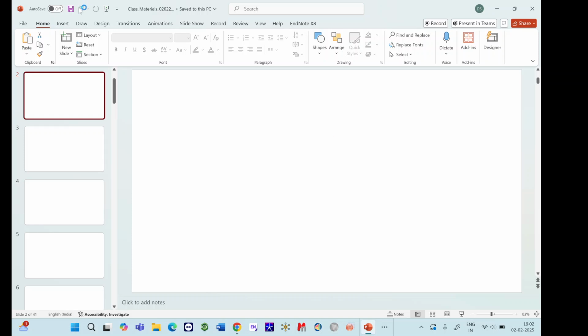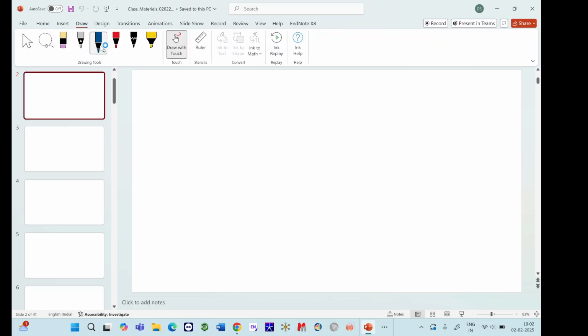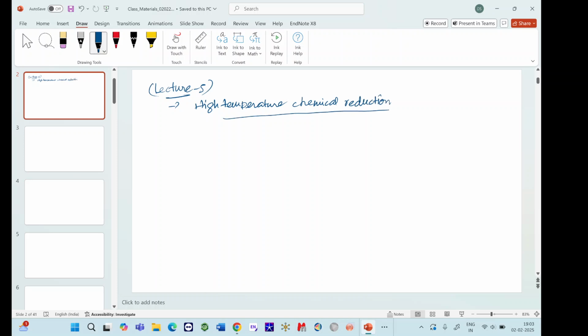Starting from lecture 5, in this class what we taught was the high temperature chemical reaction, and one more topic was there, that is zone refinement.